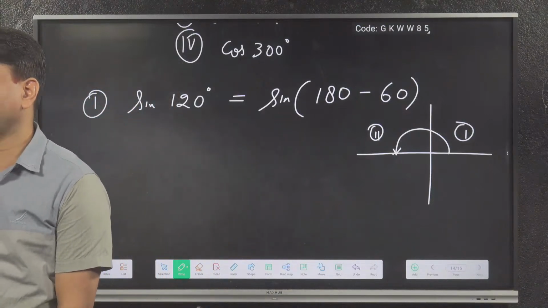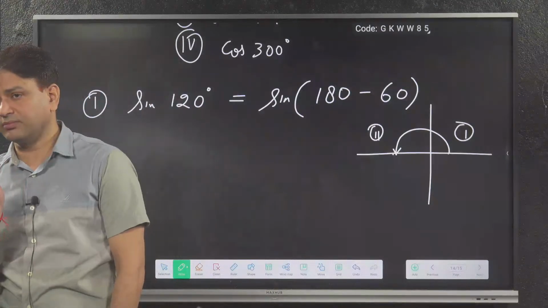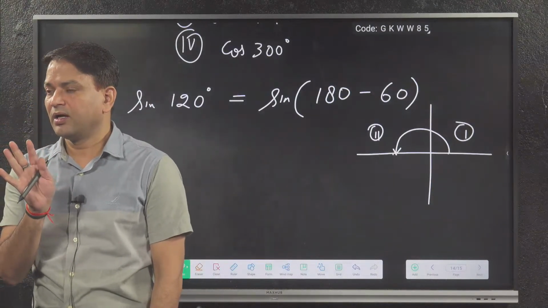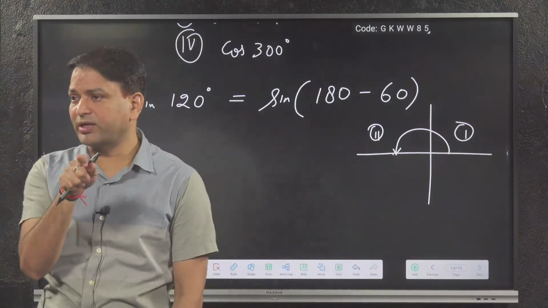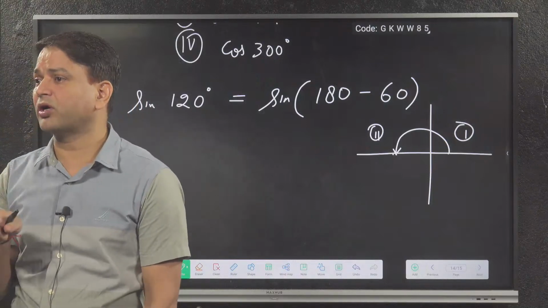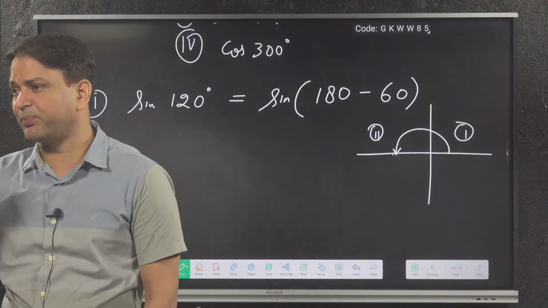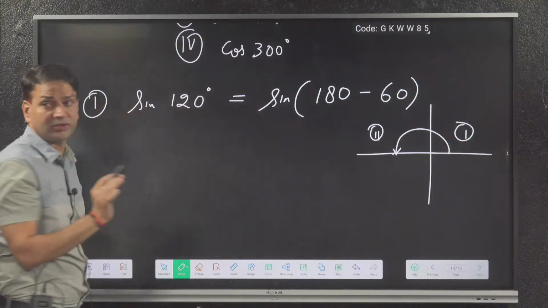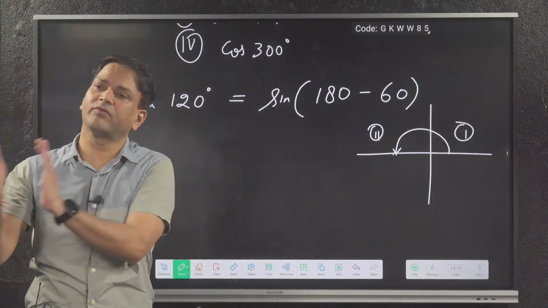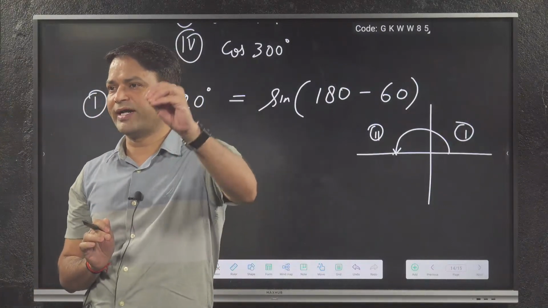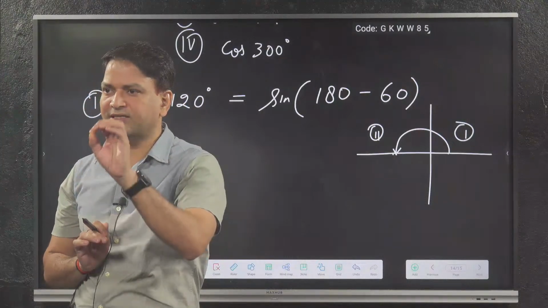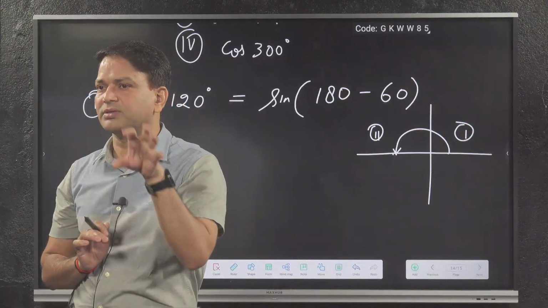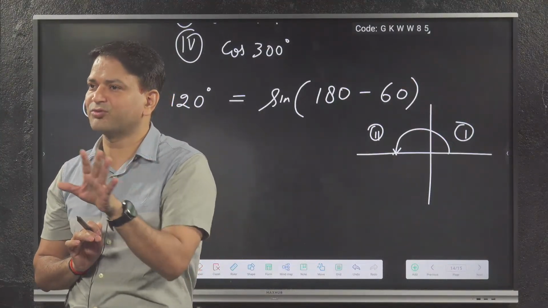In the second quadrant, what is sine? Sine is positive. I repeat again, this angle 120 degrees is in the second quadrant. In the second quadrant sine will be positive. So first we will decide the sign, then we will decide the magnitude.